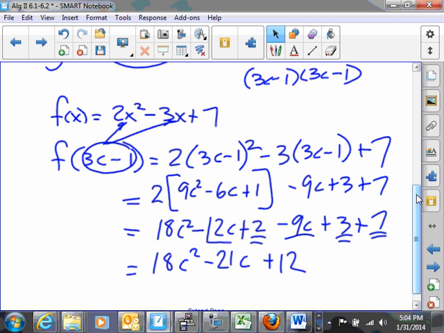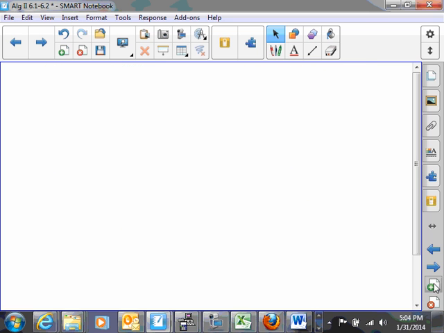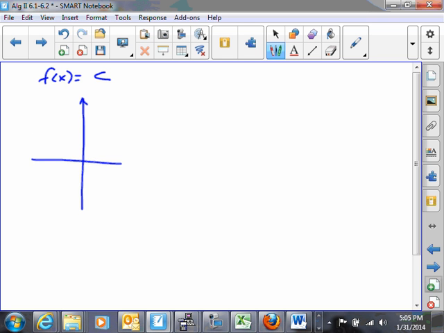Now, we are attempting to make mature mathematicians out of you, so we would expect of mature mathematicians that they know what the graphs of functions look like, like a constant function. If f of x is equal to some constant c, the graph would be a horizontal line going through (0, c) on the y-axis.